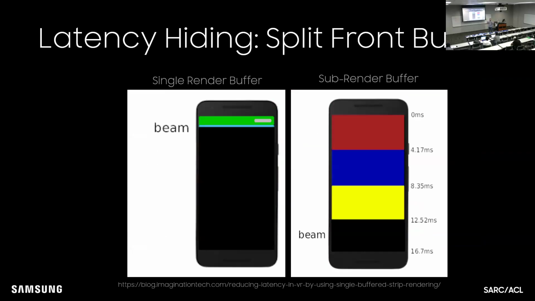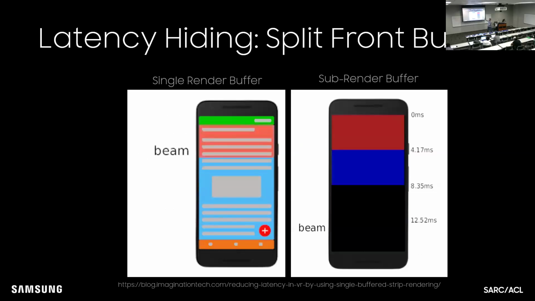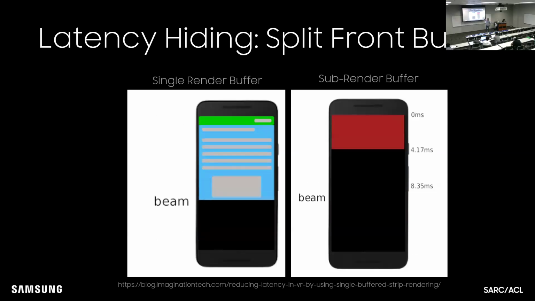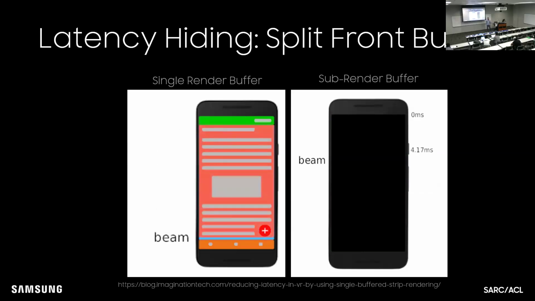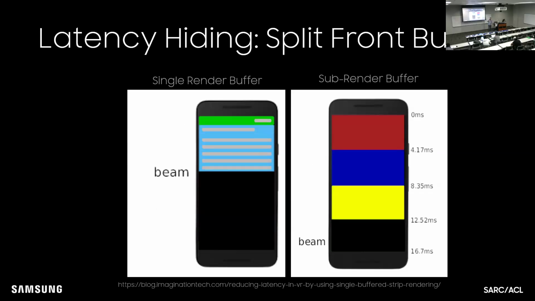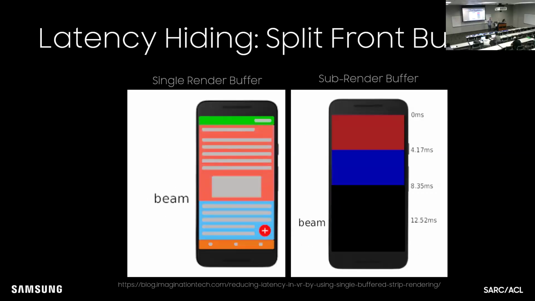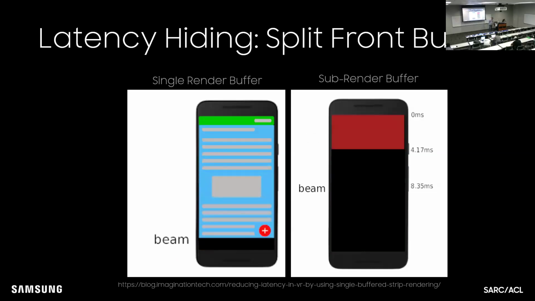Ping pong buffers. If you tried to do that, it was too slow, so you had to chase the beam. Here, chasing the beam is actually even slower, so you have to break up the screen into 4 different pieces in order to allow you to hide some of the latency even inside a single frame. That's how fast, or the very little tolerance on latency is basically what I'm trying to say.